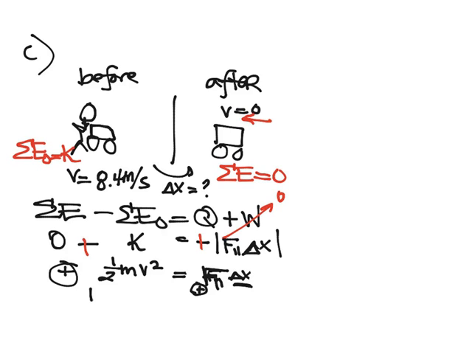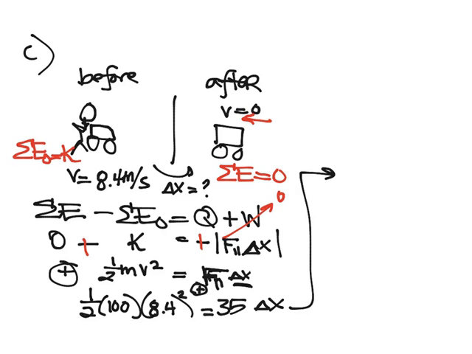So we're going to plug in the numbers. We have 1/2, the mass is 100, V is 8.4, squared, and that is equal to the force from friction, because remember, friction is stopping this thing, that's causing the heat, and we know that's 35 newtons, and we're solving for delta x. Finally, it's just down to the algebra.